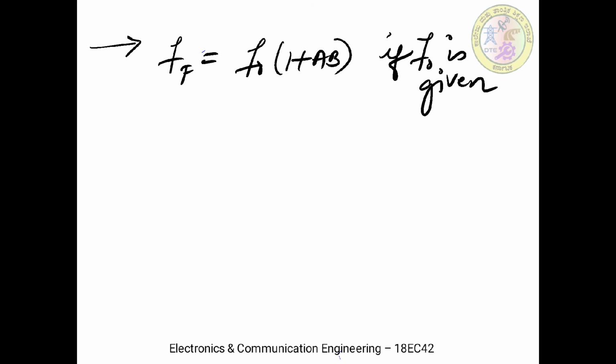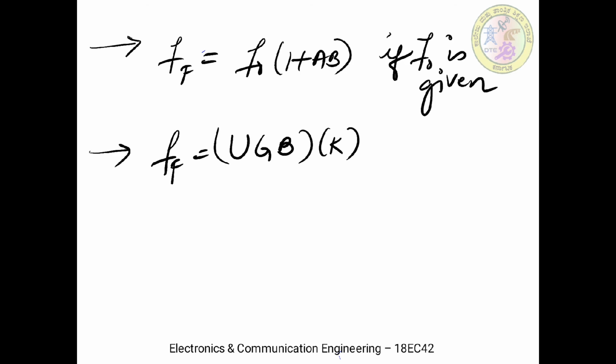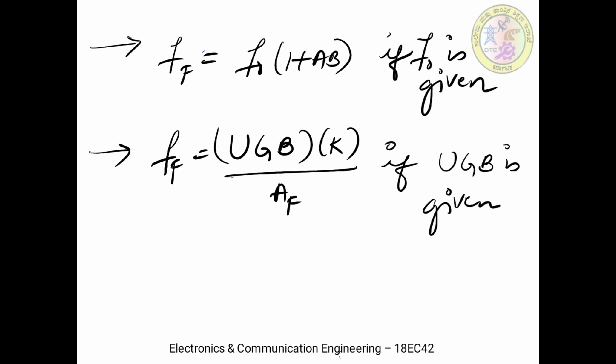Or we can make use of the second equation, equation 2, FF is equal to UGB, unity gain bandwidth, multiplied by K divided by AF, if UGB is known or given.